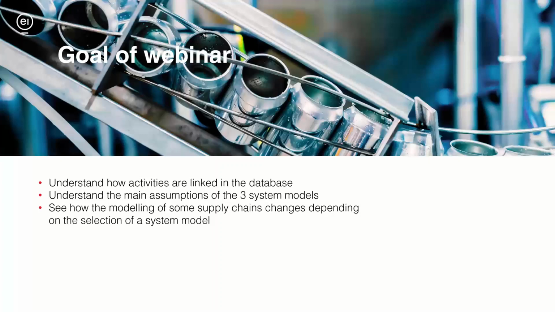The 4th system model, allocation, cutoff EN15804, has already been covered in another webinar about the construction sector. So if you are interested in this specific system model for EPDs, feel free to access the recording in the YouTube channel of ecoinvent. And the final point in today's webinar is the modeling of some supply chains and how this changes depending on the selection of the system model.